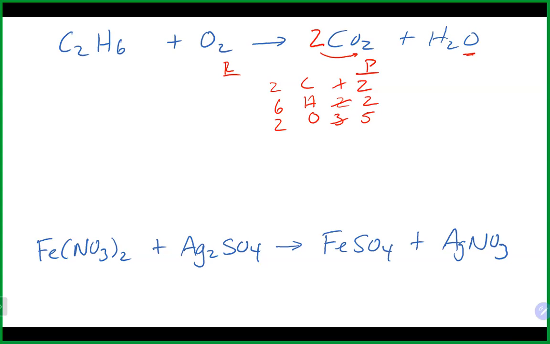So we could fix the hydrogen on the right by putting a 3 in front of the water. That gives us 2 for the carbon. 3 times 2 is 6 for the hydrogen. And now in terms of our oxygen, we again got 4 here, and 3 times 1 is 3, which gives us 7 at this point, right?